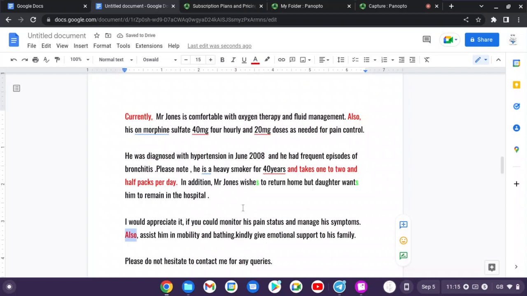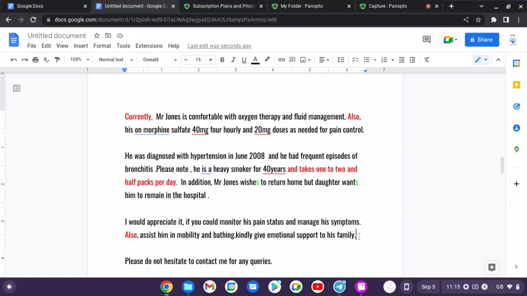So I would appreciate, or you can write, it would be highly appreciated if you could monitor Mr. Roberts' pain status as well as to manage his symptoms. So kindly assist him in mobility and bathing, along with emotional support to his family. That would be sufficient enough.